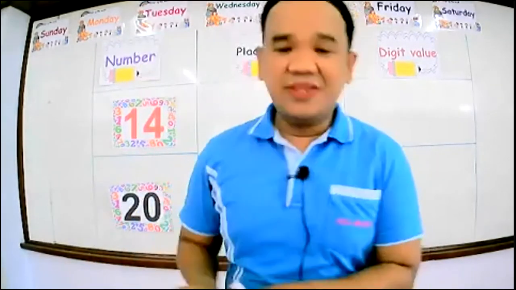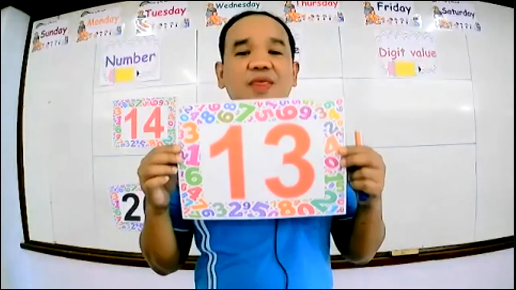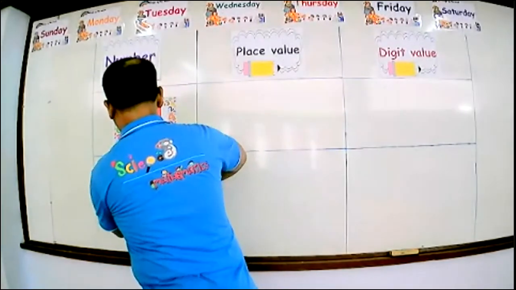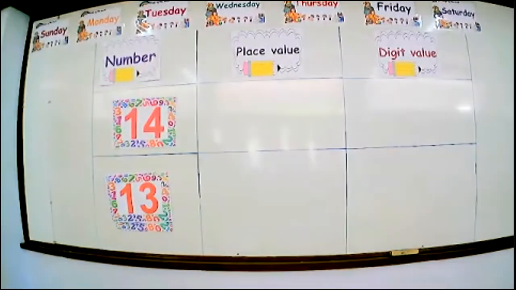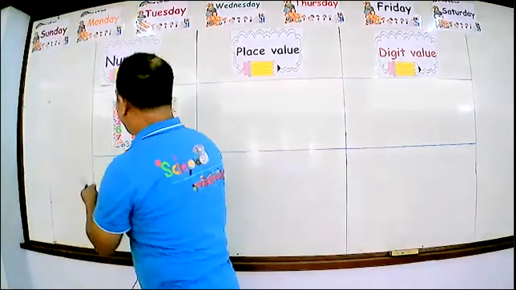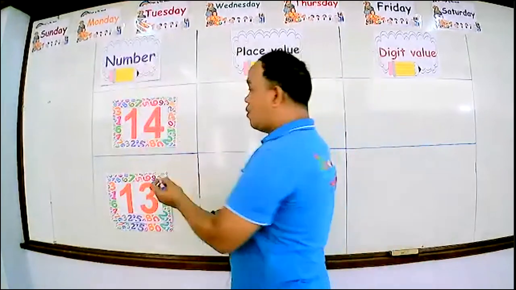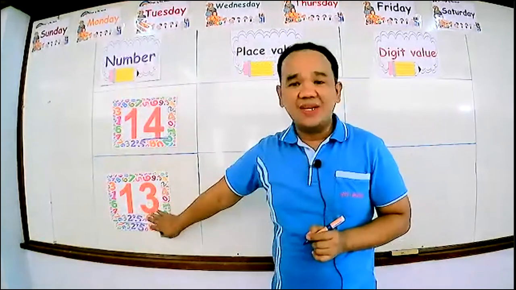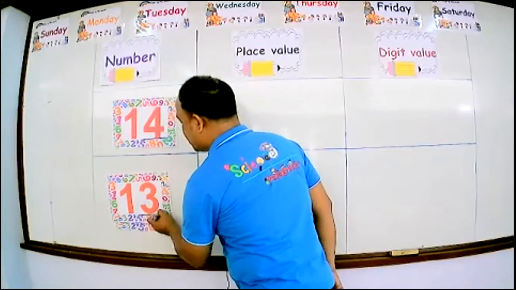And what number is this? It's number 13. Very good. So let's put it here. Now, our underlined number in number 14 is 4, and our underlined number here is number 3.